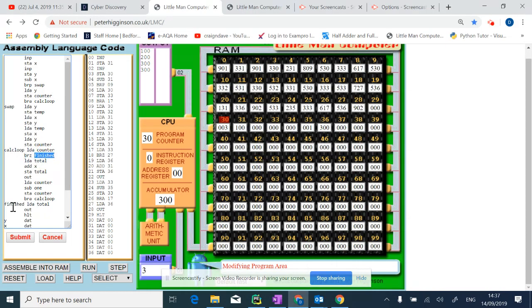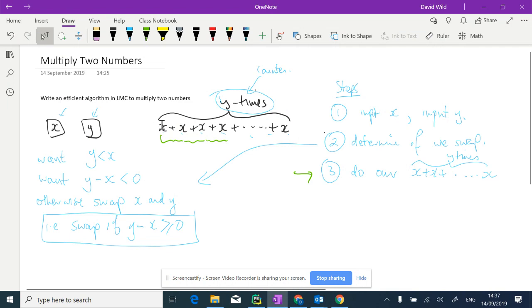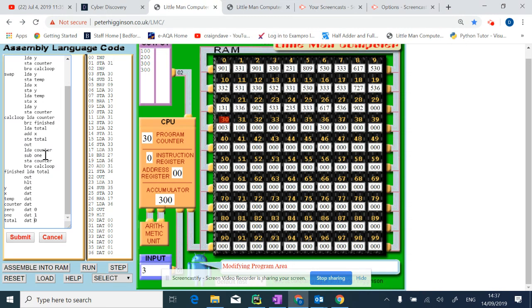So the total basically is this x to start with, then x plus x, then x plus x plus x. It's adding up all these x's. That's what we're using this total variable here for. Okay, so we're going to load up the total, which initially will be 0, because that's set to 0 down here. And then we're going to add x to it each time.